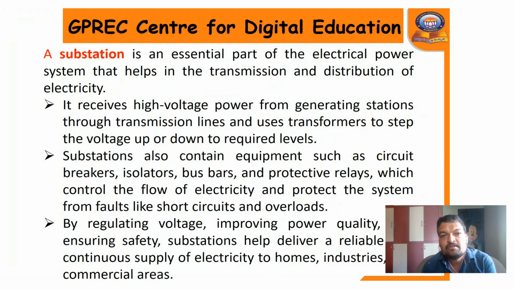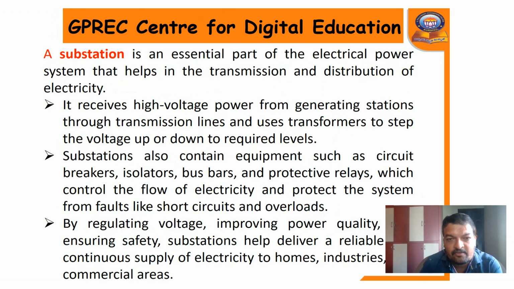It receives high voltage power from generating stations through transmission lines and uses transformers to step the voltage up or down to the required levels. So, mainly we are using the substations to step up or step down the voltage based on the requirement.